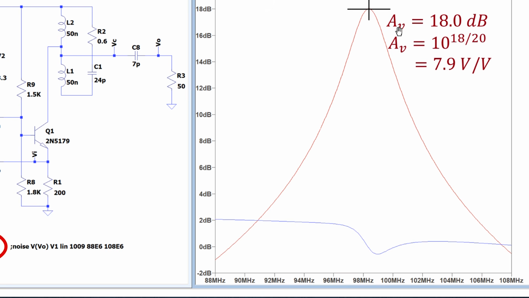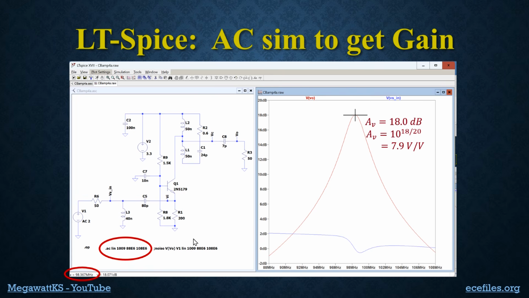Since this is a voltage gain, we have to take that out of dB using the voltage formula, so it's 10 to the 18 dB over 20, and that works out to be 7.9. Now, what's this blue curve? That is at this node here, Vs sub n, it says that right here.